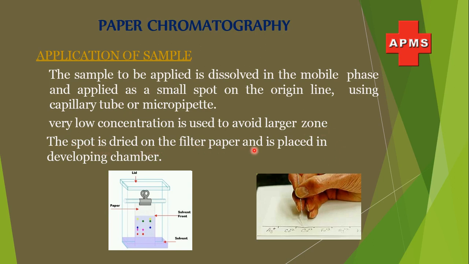The spot is dried on the filter paper and is placed in the developing chamber. When we apply this spot on filter paper, the spot is somewhat wet, and first we have to remove the mobile phase solvent from this spot. So we leave it at room temperature for some time, because the solvents used are generally volatile in nature, so they vaporize easily.